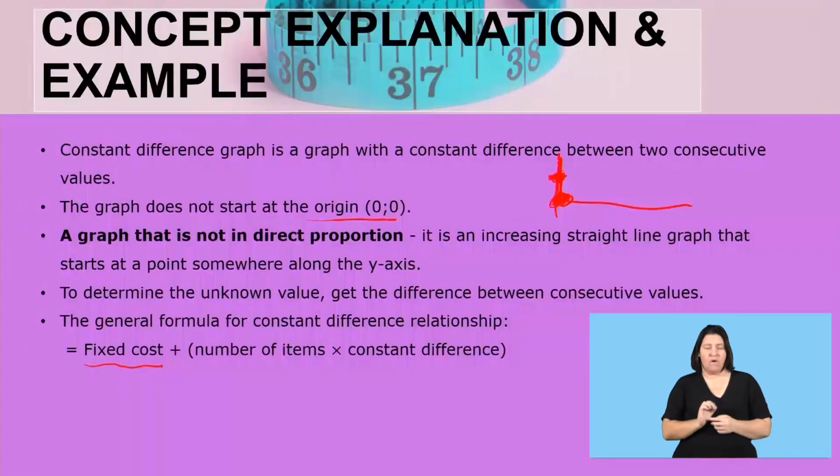They are also paying for other things like electricity and rental. So you take that fixed cost, you add it to the number of items multiplied by the constant difference. And take note that the constant difference is the difference that you will get between two consecutive values. And remember, the word difference means you need to subtract.